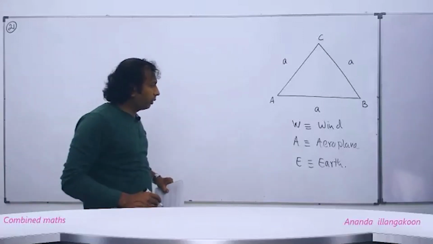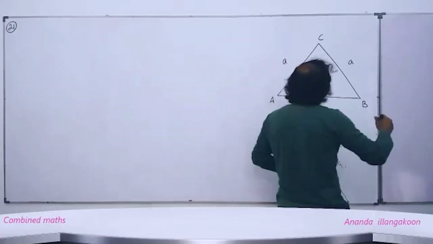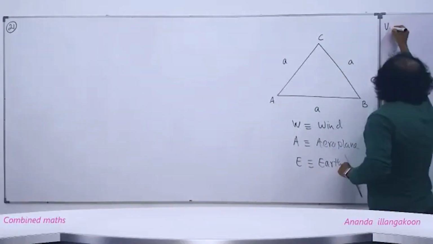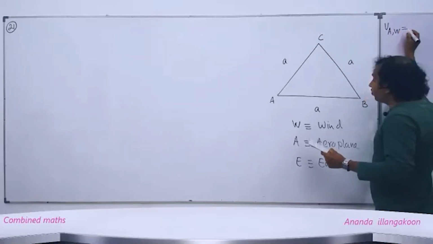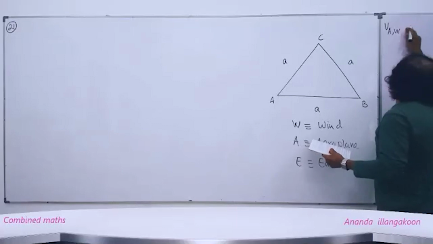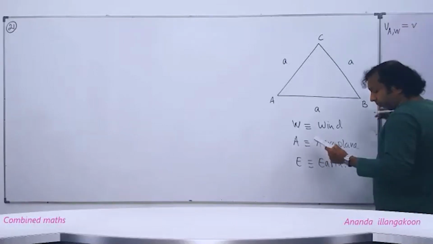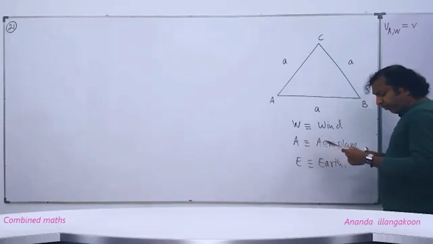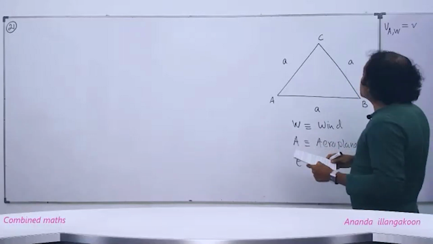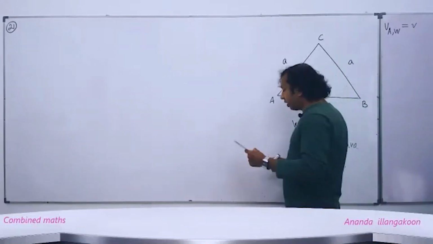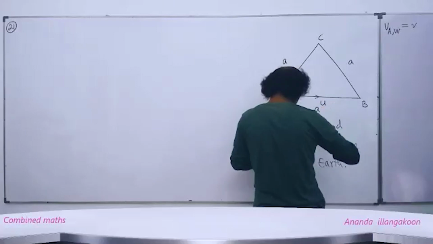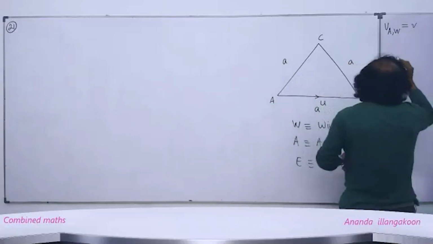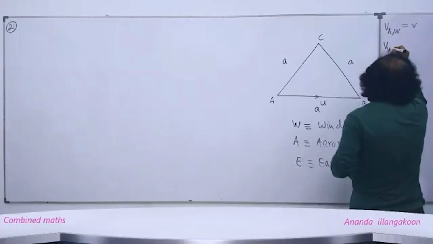According to this given information, the velocity of the aeroplane relative to the wind is given as the maximum speed V. When the wind blows in direction AB with velocity u, in the direction AB, this direction wind is blowing with velocity u. Velocity of wind relative to Earth.